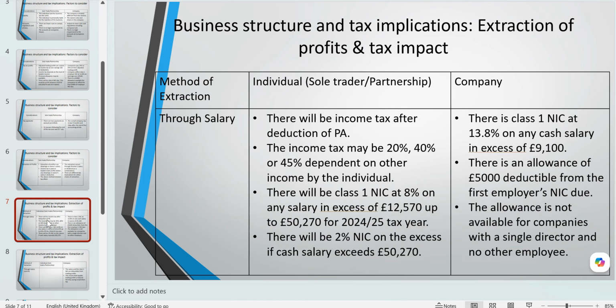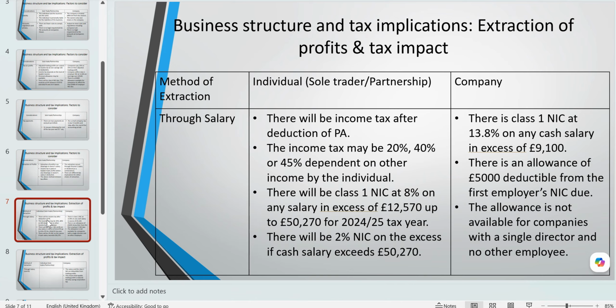The income tax may be 20%, 40%, or 45%, as I mentioned earlier, dependent on other income of the individual. There will be class 1 national insurance contribution at 8% on any salary in excess of 12,570 up to 50,270 for the 2024-2025 tax year.